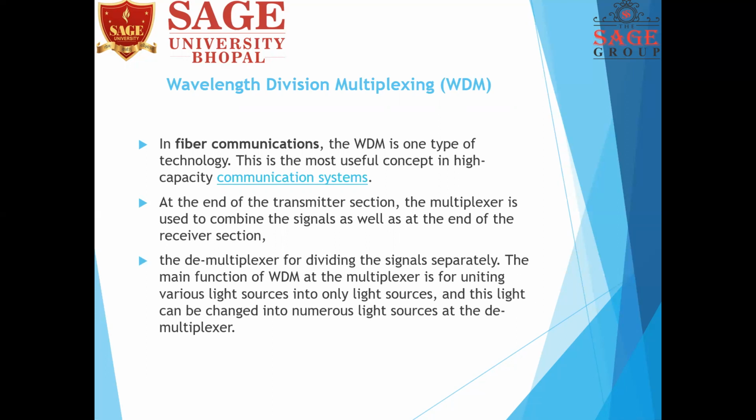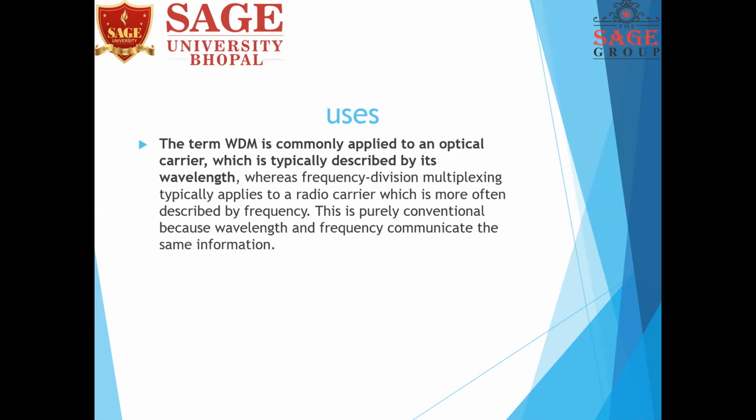The main function of WDM at the multiplexer is uniting various light sources, and the light can be changed back into numerous light sources at the demultiplexer. So this is WDM.